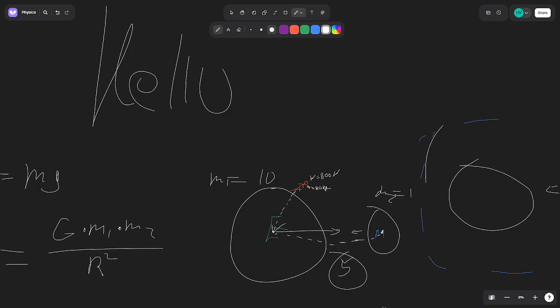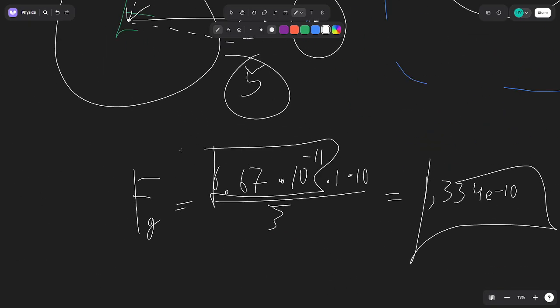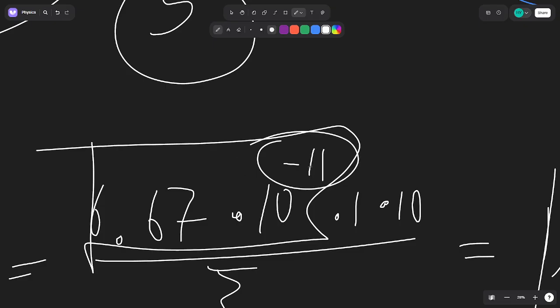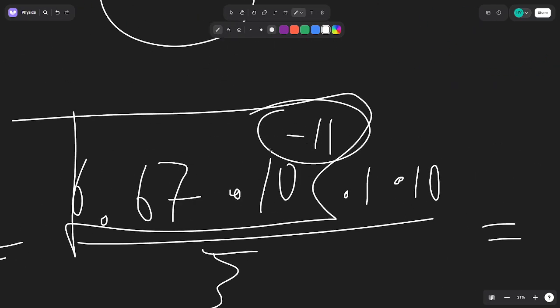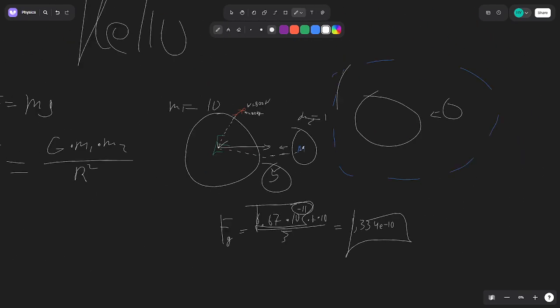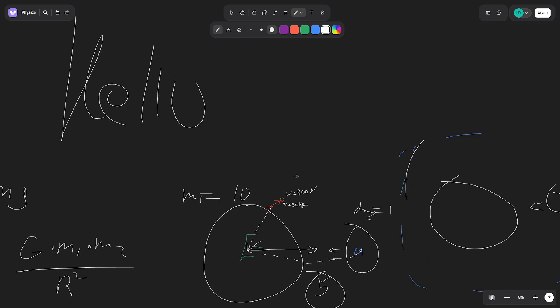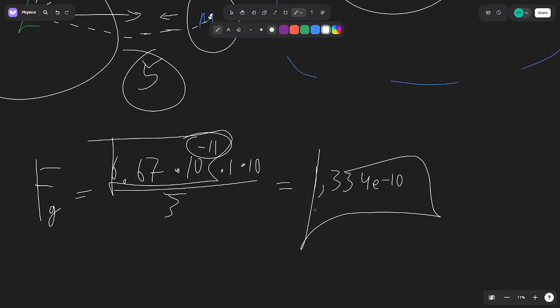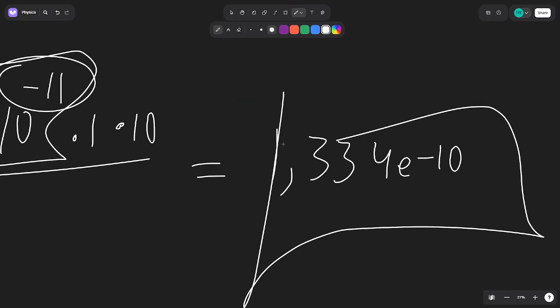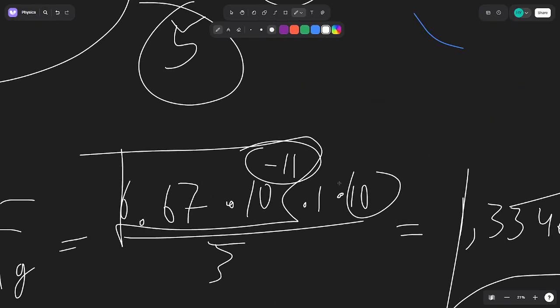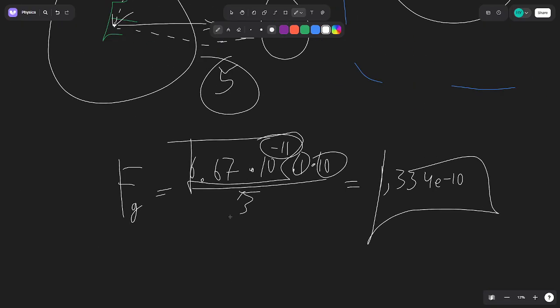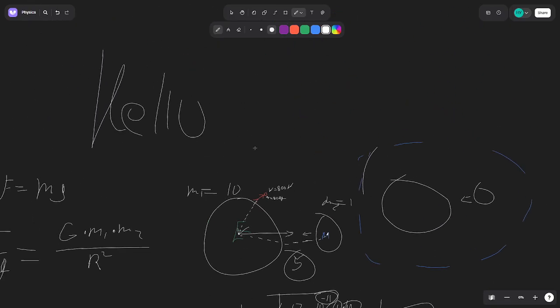And even at all, the force will be too low because the gravitational constant has so many negative powers. It's like so many zeros after the dot, right? So this is why we got a really small number, because we literally took 10 and 1 as masses and 5 as radius.